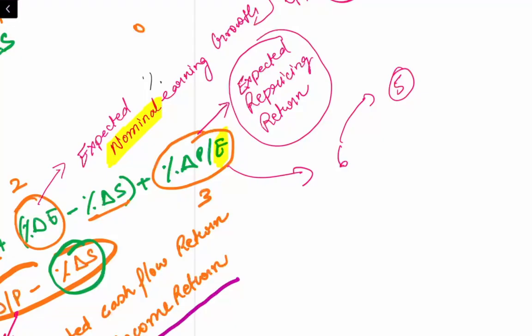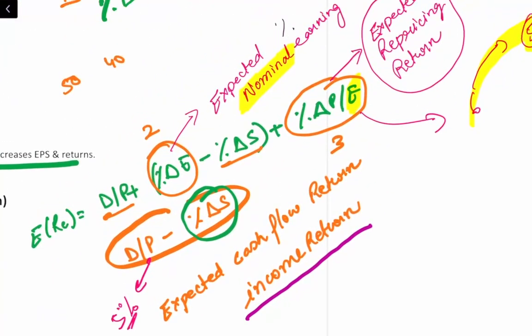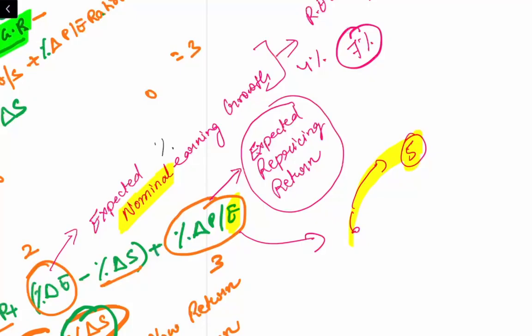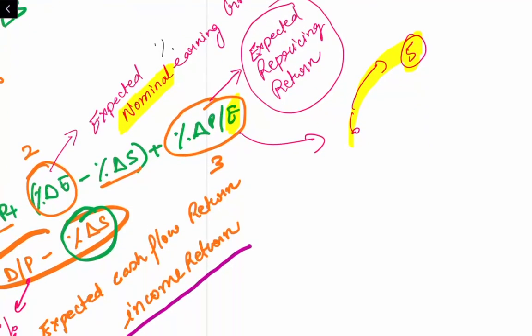Price per share divided by earning per share. Your earning per share has increased. It leads to a decrease in the P ratio. Clear? So now suppose 5% coming from the first factor, 7% coming from the second factor, 12, and suppose 1% is coming from the P factor, 1%, 13.